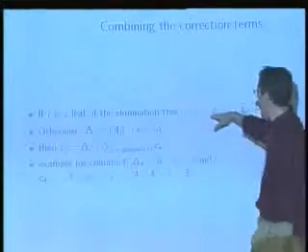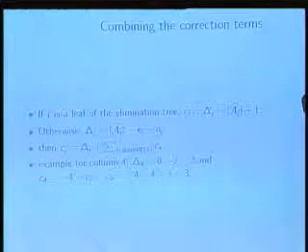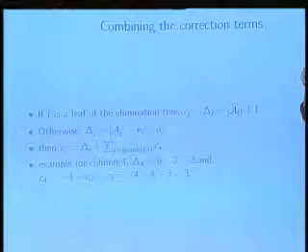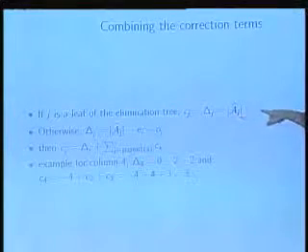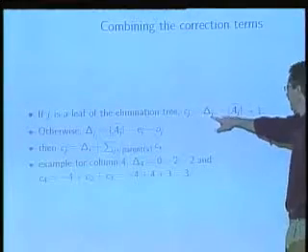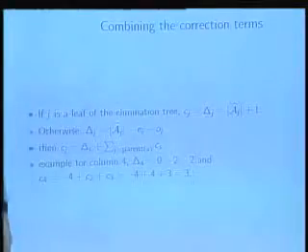If J is a leaf of the elimination tree, there won't be any overlap, there won't be any children. So I need to initialize it: since there's no children, the total column count is just all of delta J, which is just the size of the skeleton matrix plus 1.